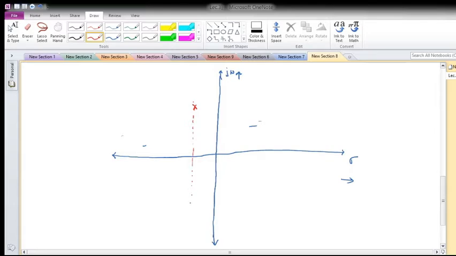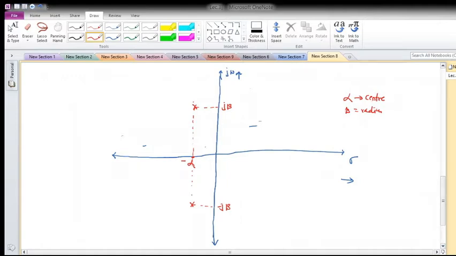Okay, so this is my alpha and this is j beta, this is minus j beta. Okay, now take alpha as center, beta as radius, and draw the circle.